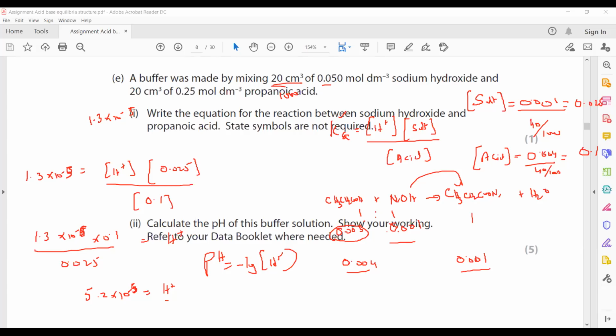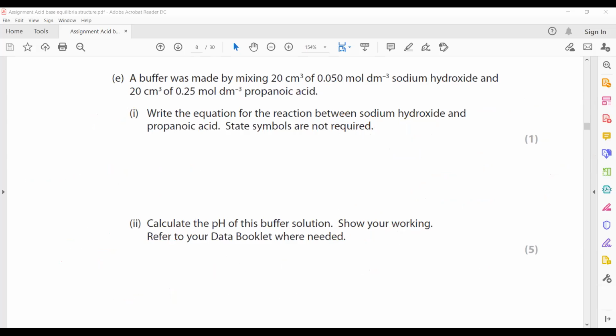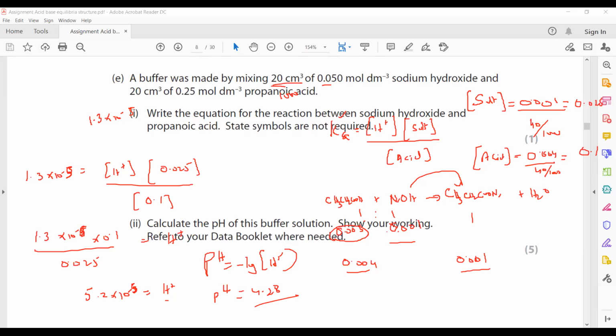When you take the pH of 5.2 exponent minus 5, it is 4.28. So the pH of this solution is equal to 4.28. This is how we find the pH of a buffer solution.